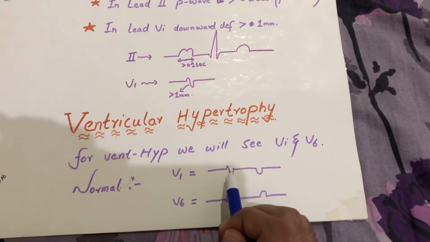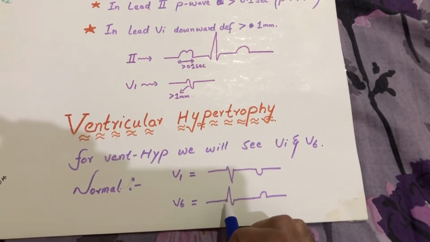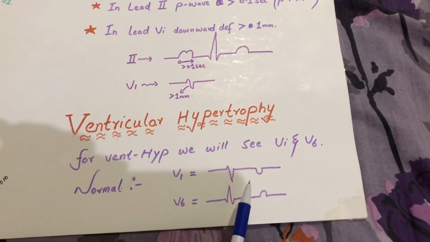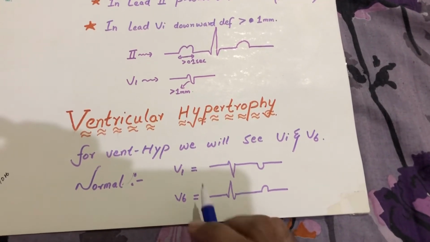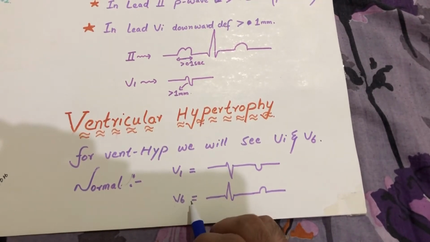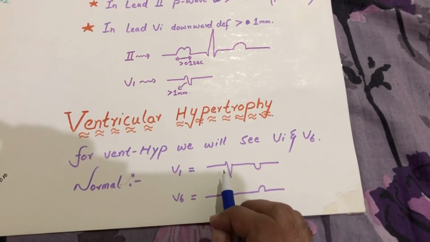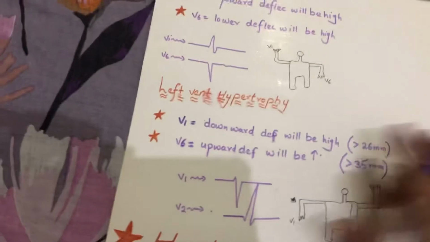In V1 the predominant deflection will be downward, and in V6 the predominant deflection will be upward, as discussed earlier in the normal ECG waveform. It's because V1 is lying completely opposite to V6, so the waveform formed by V6 is completely opposite to V1.